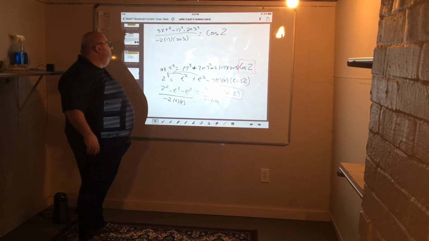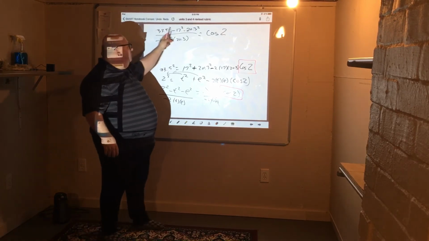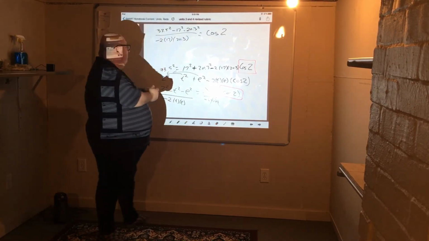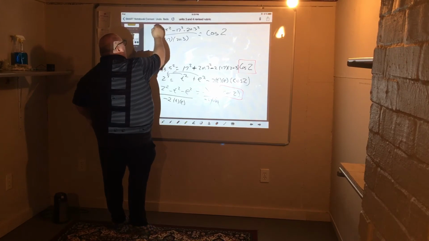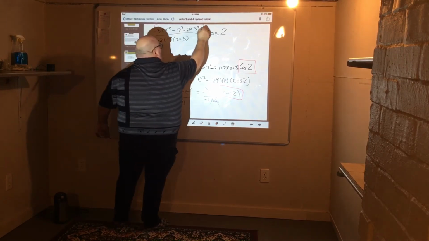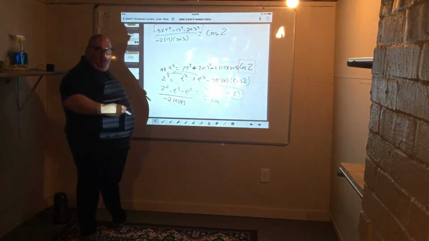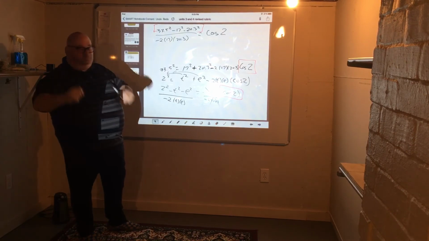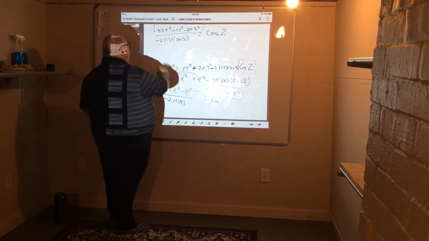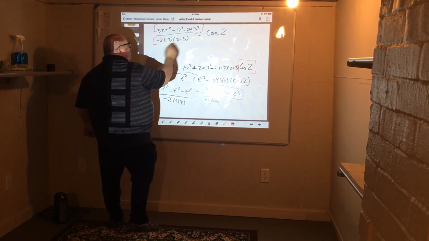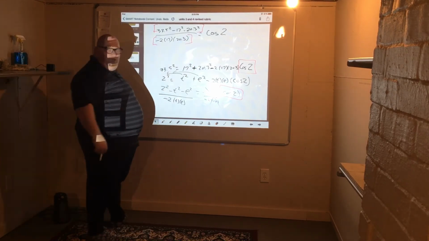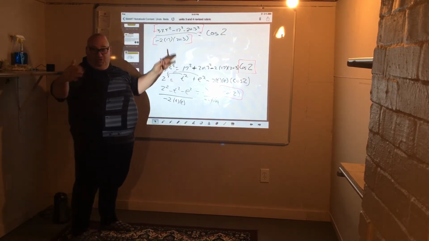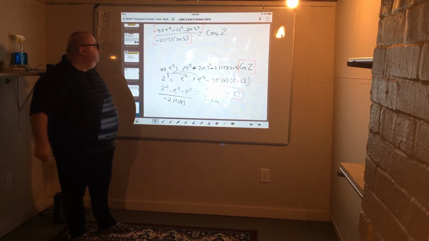So what you're going to need to do is figure out this part of the equation as all one big chunk on your calculator. Write down that answer. Then you need to take this part and figure it out on your calculator as one big chunk and write down the answer. Right?